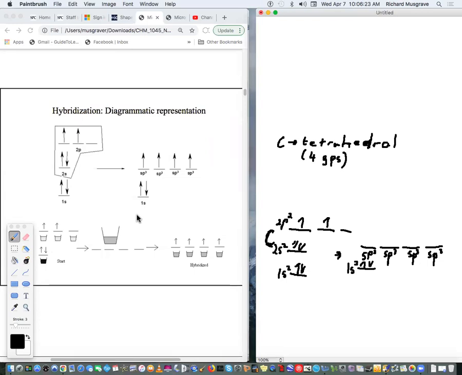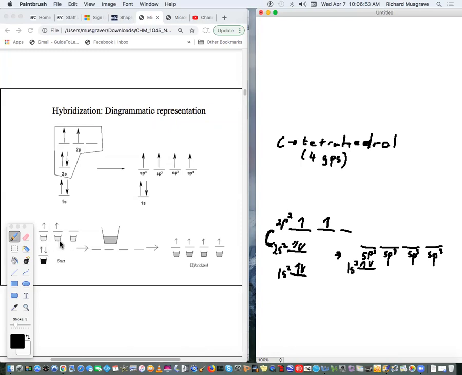So this is what I've done here. This is carbon that I have on the left side, and on the right side I've got the hybridization there. So each of those hybrids is 1 part S, 3 parts P. Effectively what I've done is imagine that you've got liquids here of different colors. I know you can't see the colors here on this diagram, but one is blue, and these guys up here are yellow.